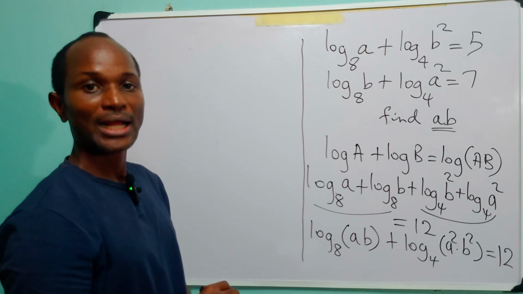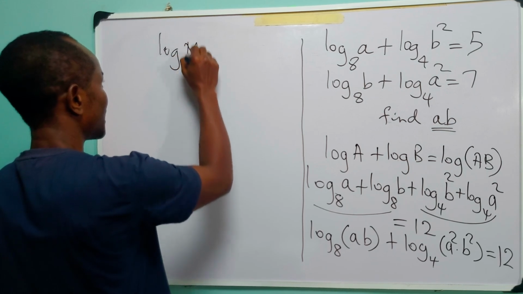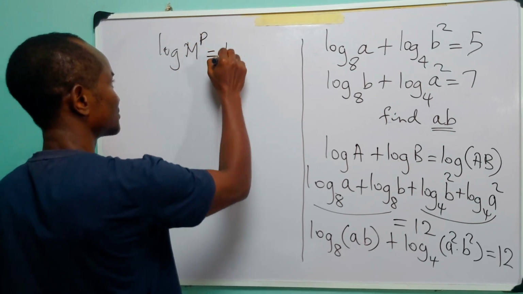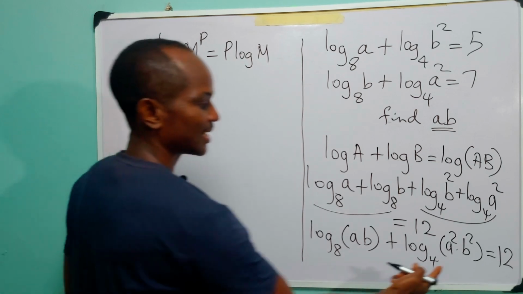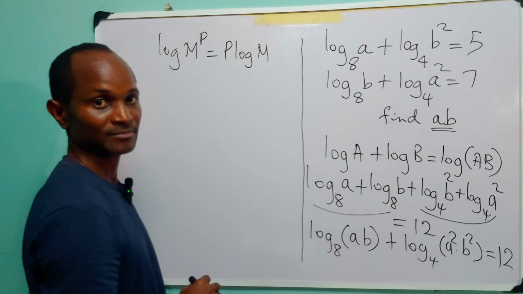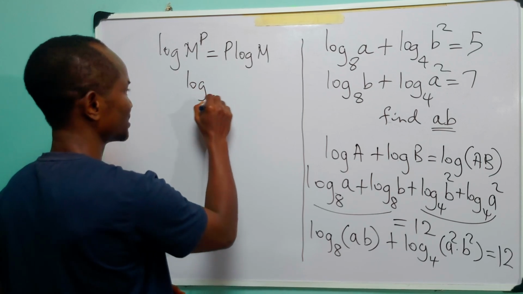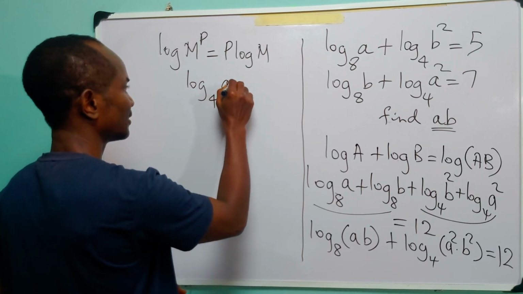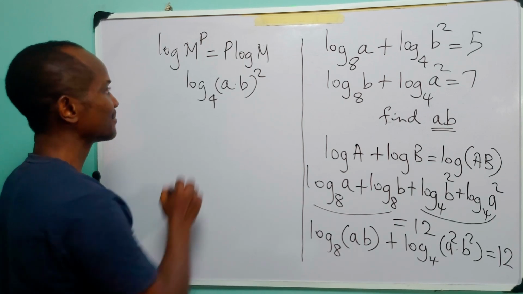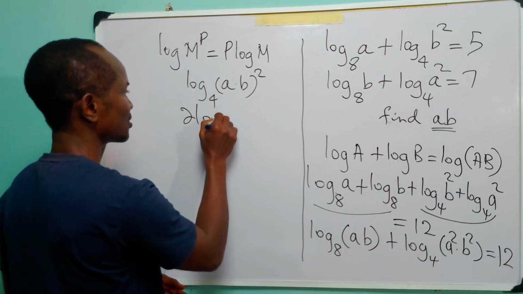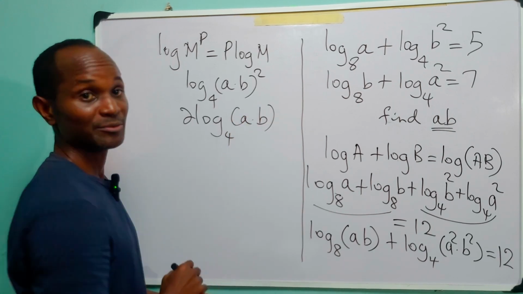Let us remember another law of logarithm that says that log m raised to power p is equal to p multiplied by log m. And then let us look at this quantity. So we know that this quantity, which can be written as log to base 4 of a multiplied by b squared, is the same as 2 times log to base 4 of a multiplied by b.